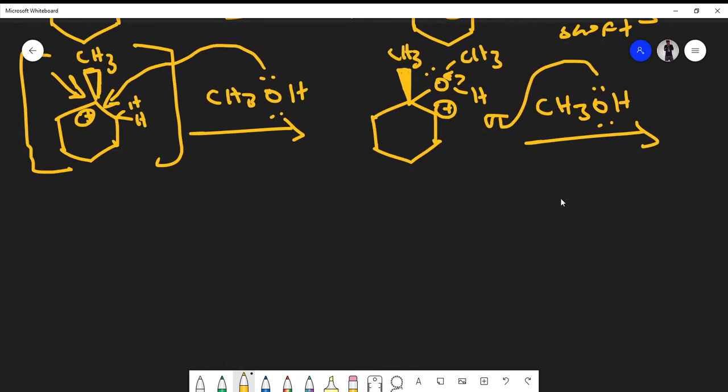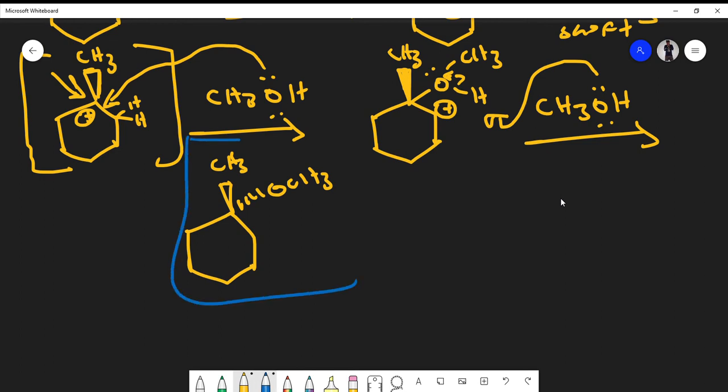So essentially, showing stereochemistry now with our final product, we have our CH3 still coming up, but we have our OCH3 group going down. So this is your classical SN1 reaction. Again, we're also showing the reaction mechanisms. How about this one?